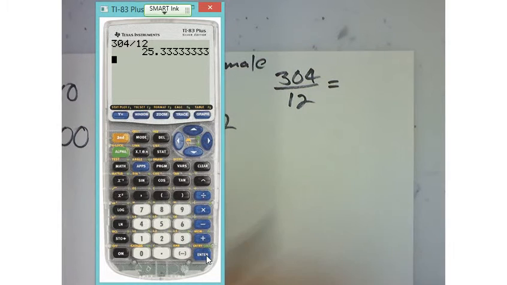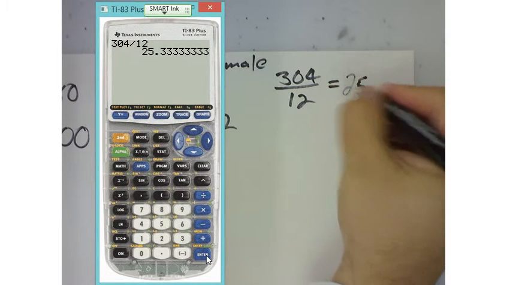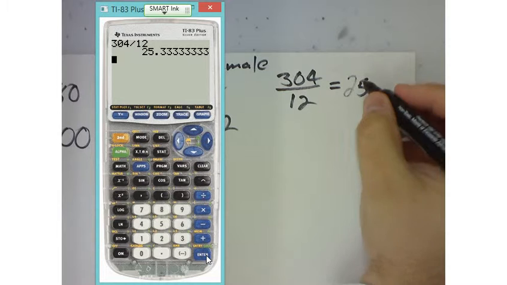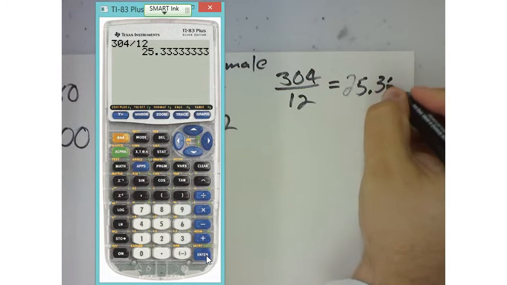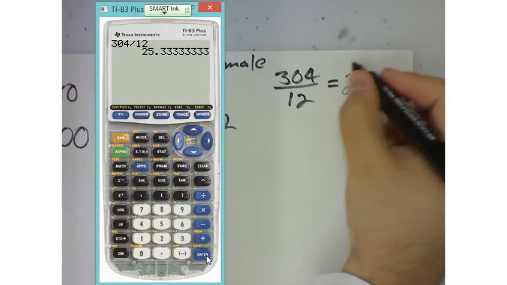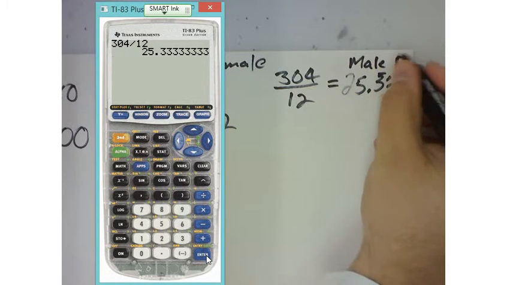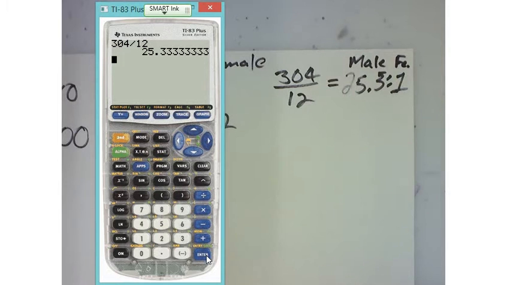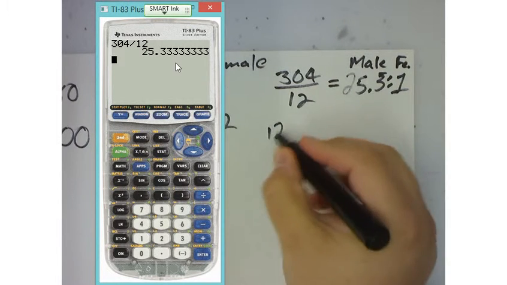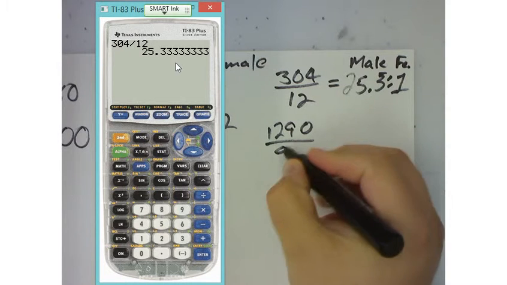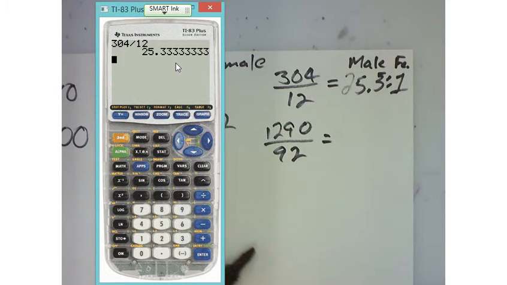So now what this says is that there is really 25.3 males to 1 female. That's what that's saying. 25.3 repeating males to 1 female. Okay? Now we're going to enter in the other number, which would be 1290 over 92. So if I enter in 1290 divided by 92.